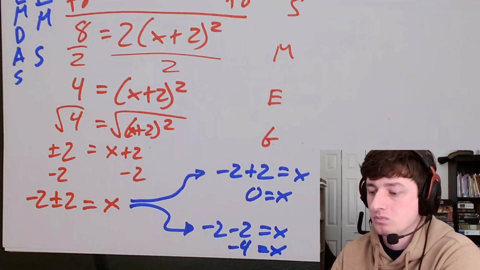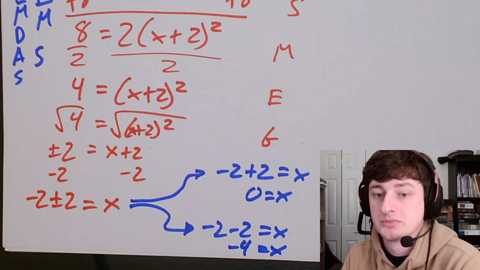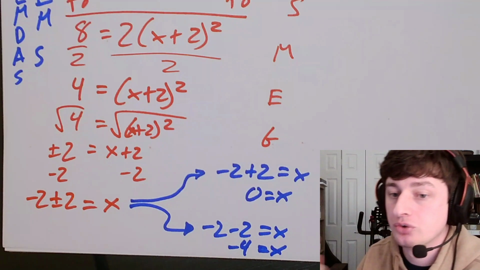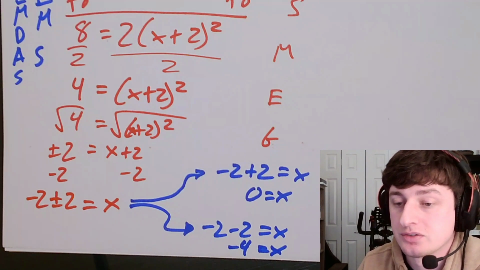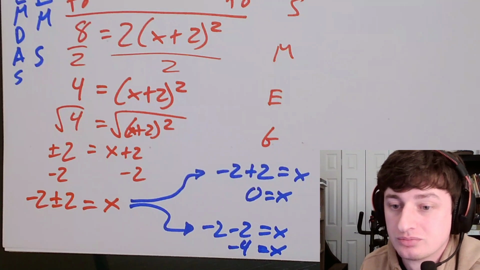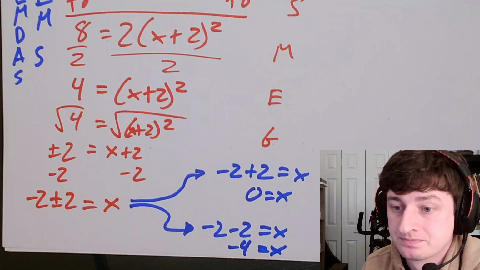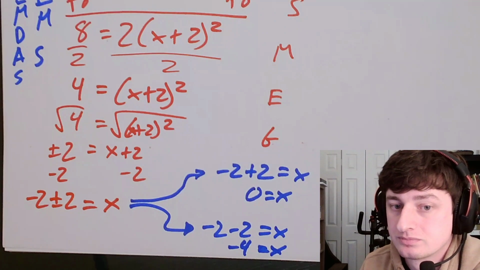Okay. So that's method one, taking square roots. We're undoing the square to find the possible values of x, and there's usually going to be two. Sometimes there's just going to be one. But usually there's going to be two.